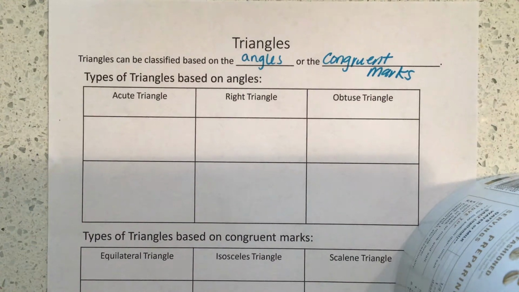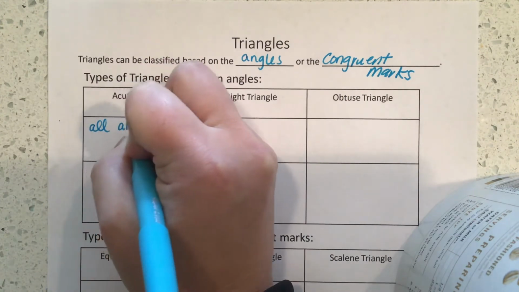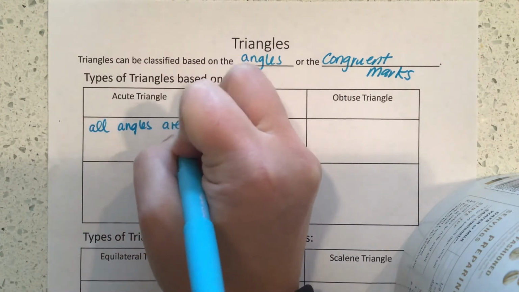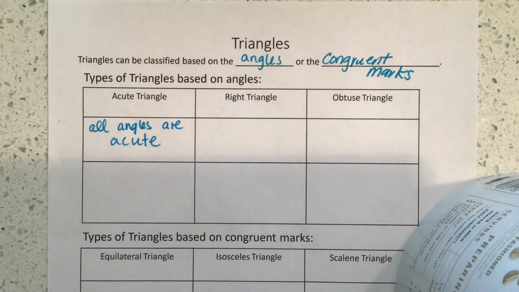which we know is less than 90 degrees. And our triangle, if it's an acute triangle, all angles are acute in a triangle. Now you're probably thinking, well, isn't that always true? Not necessarily, because I'm going to show you the difference between right and obtuse.